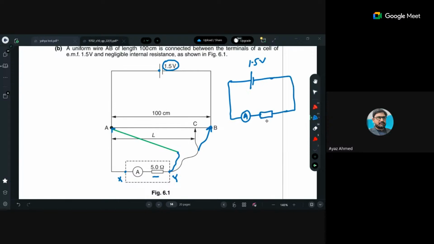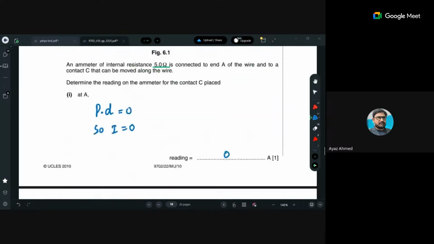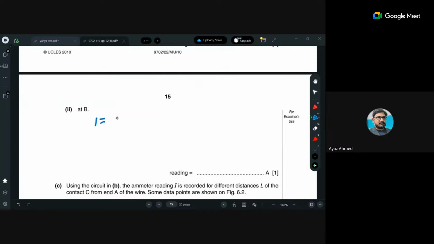Basically, the resistance of the wire is parallel to that. Let me draw it for you, just inverted. That is 5 ohm resistance, so it is parallel, no? In parallel it would have the same 1.5 volts. So you will use I equals V upon R. V is 1.5 divided by resistance 5, so it would give you 0.3 amperes. So your answer will be 0.3 ampere.